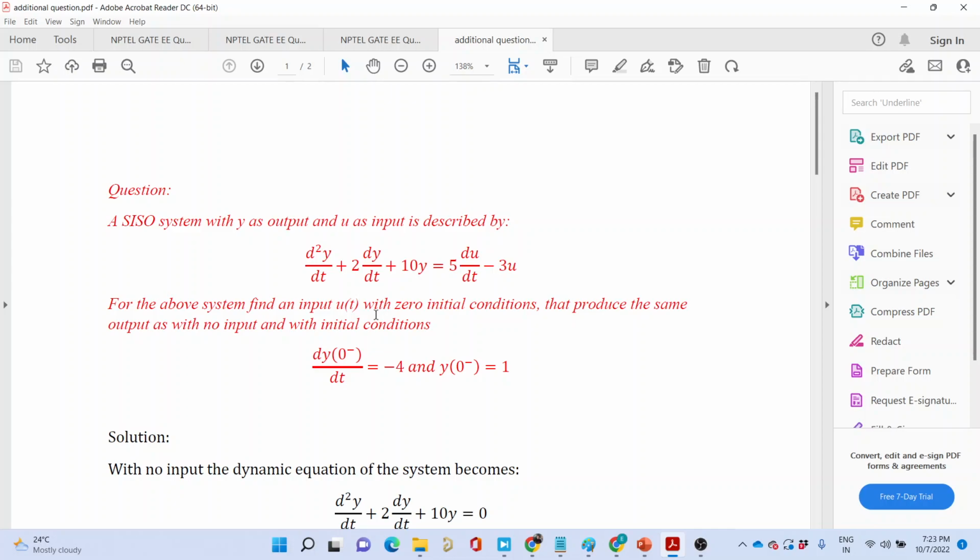You have to find the input u(t) with zero initial condition that will produce the same output when there are no inputs but only initial conditions. Have you noted down the question? Please note down these equations, the things that are necessary for you.